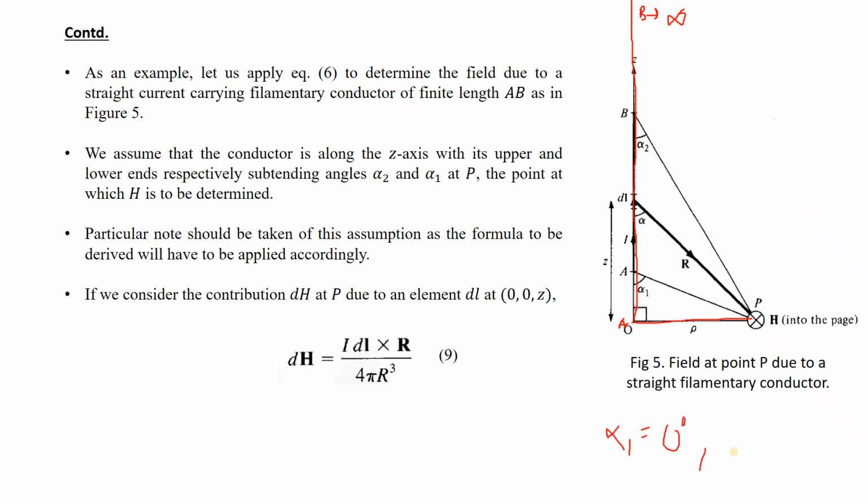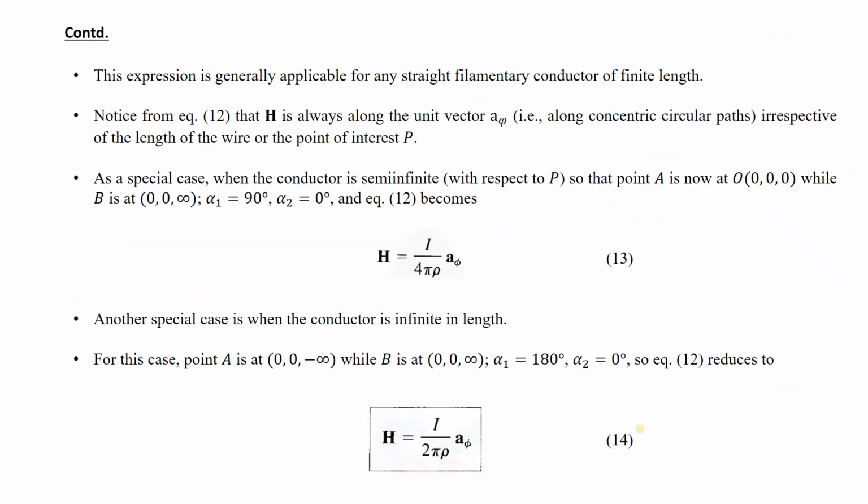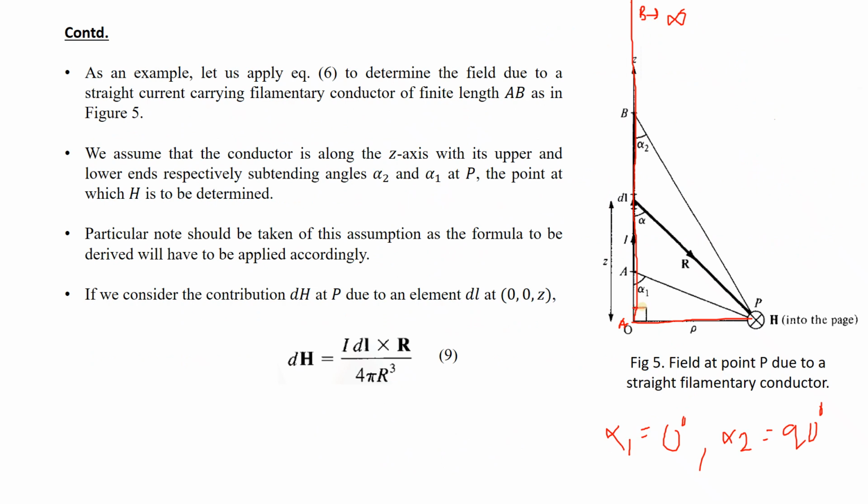Alpha 1 will be 90 degree and alpha 2 will be 0, because the longer the line length, the smaller the angle.